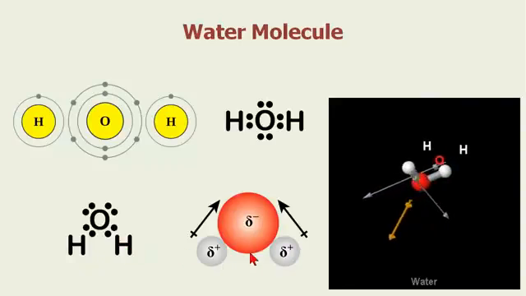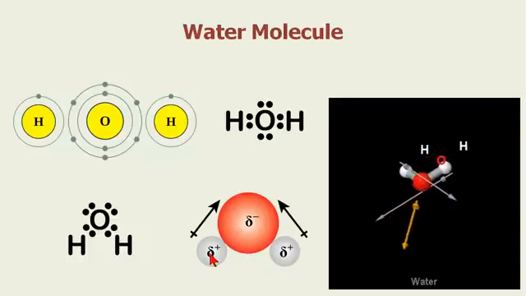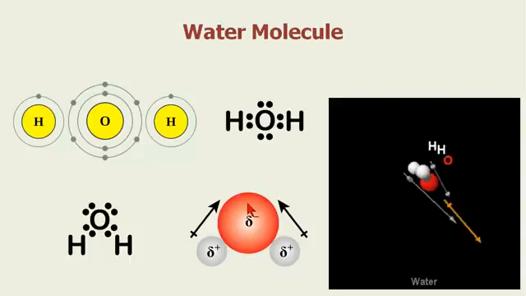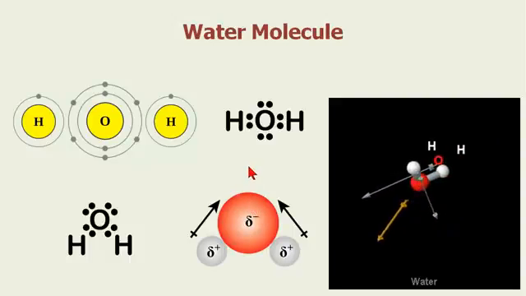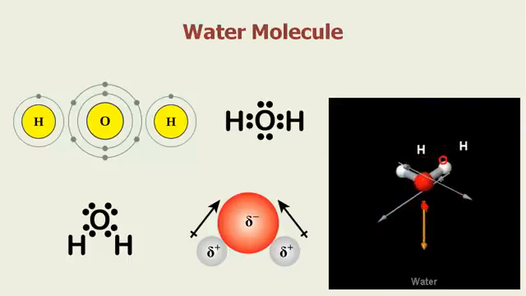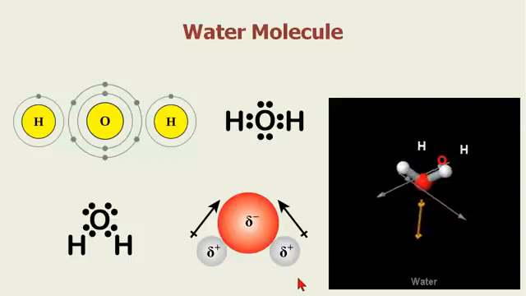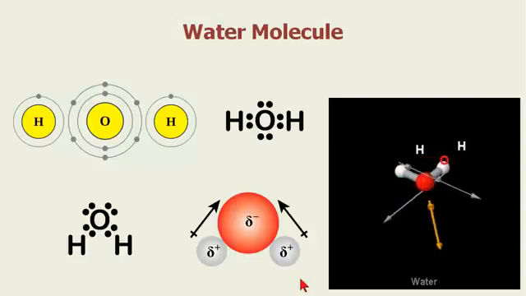As we look at the dipoles, we can see they go from hydrogen to oxygen, hydrogen to oxygen. They both form a vector which results in a polar molecule, which is shown here when you look at the rotating molecule as this gold arrow, and that's the polar orientation, versus the dipoles, which are the polar bonds of the molecule.